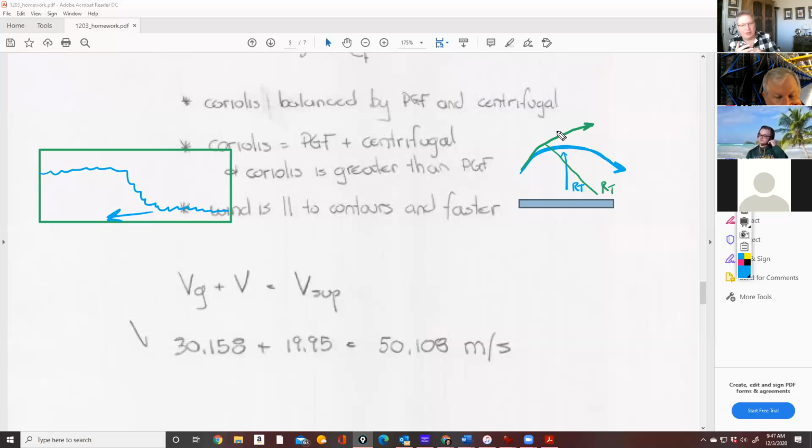I'm giving you all the information, and I'm saying, tell me how fast the winds are. Given that information, you cannot figure out the winds because the pressure gradient's too strong for that radius of trajectory. You can't actually get that. It doesn't solve the quadratic with a real number.